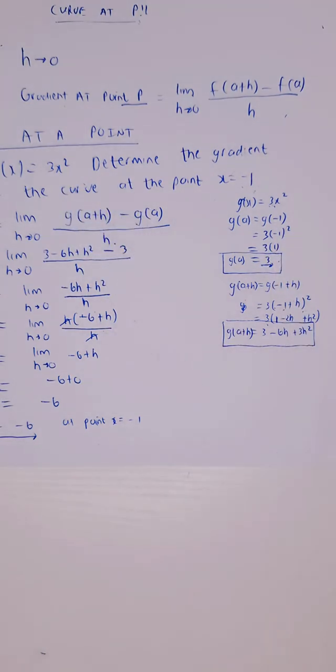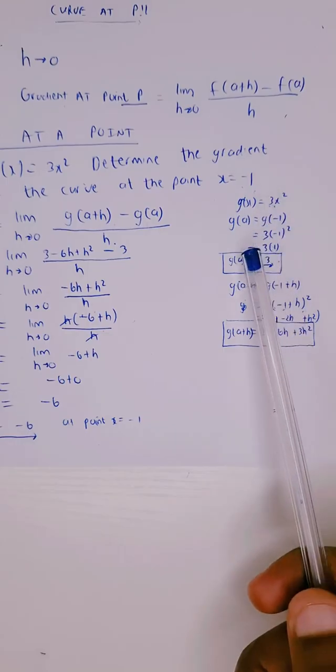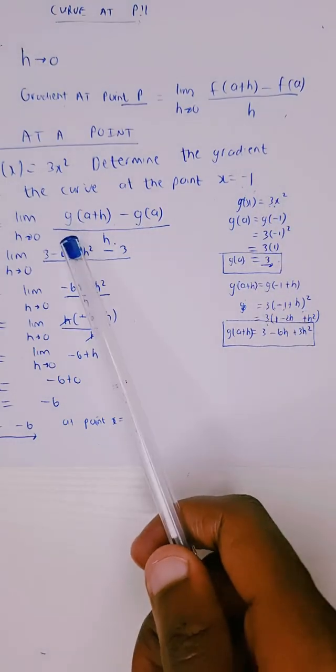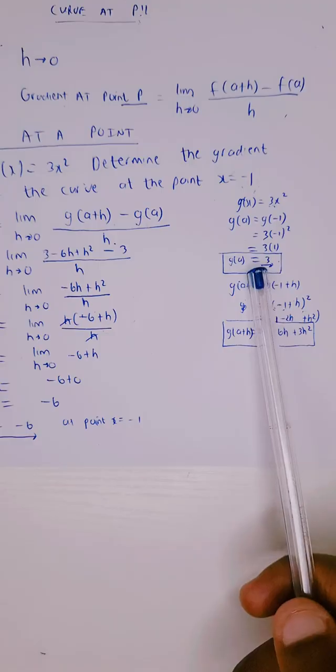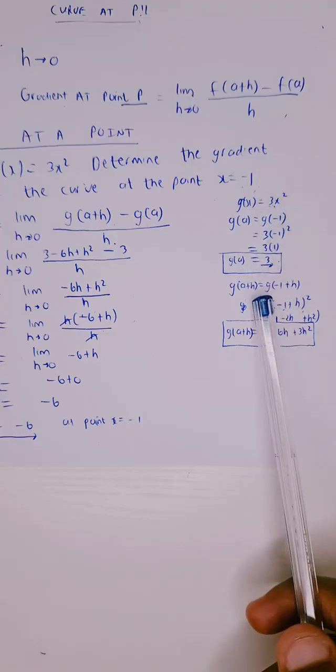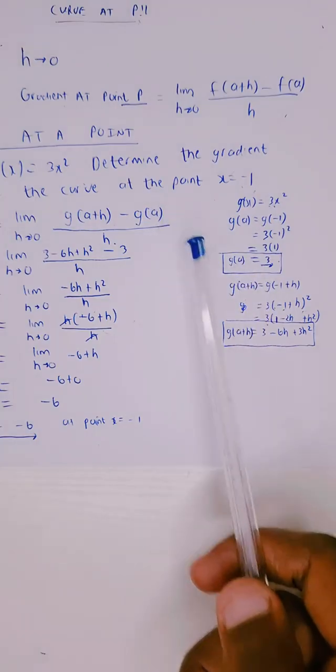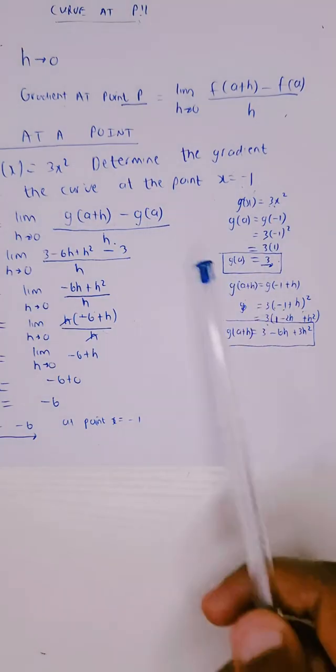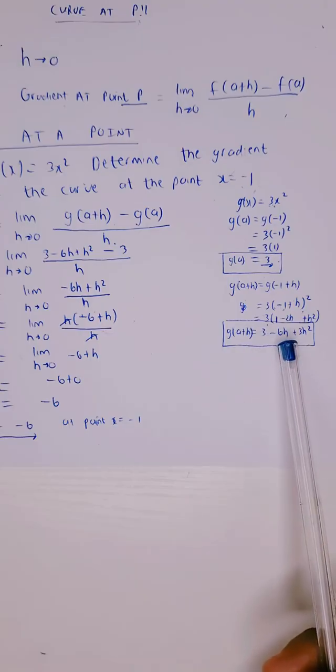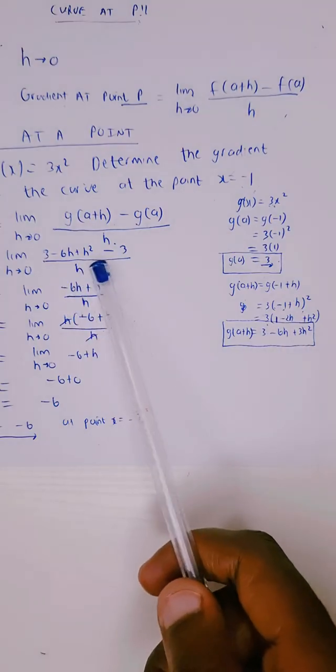There's simplification, addition of like terms, which I can at least get each individual expression simplified as it is. Just make sure that I write it down first so that we know that g of a is 3, there it is. G of a plus h is 3 minus 6h plus 3h squared, there it is.